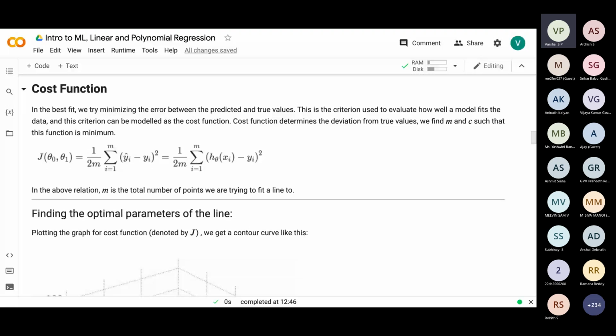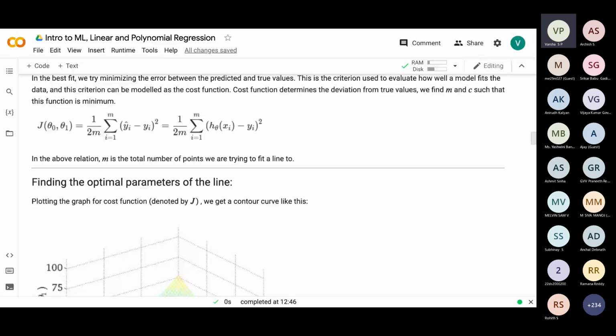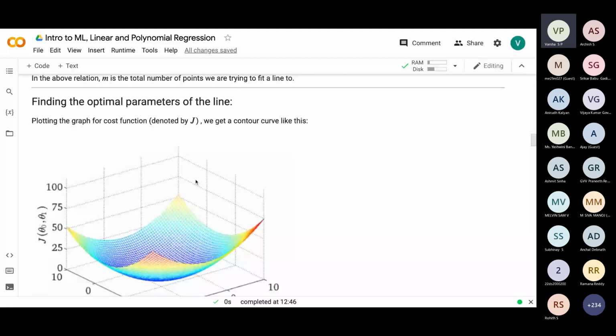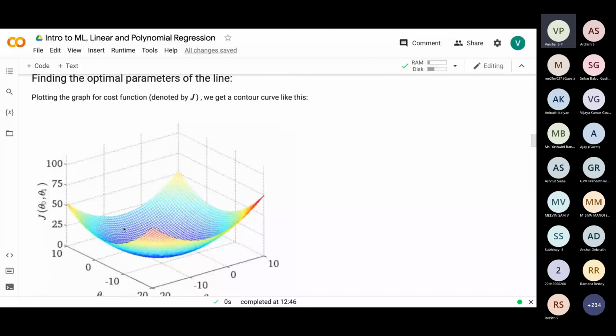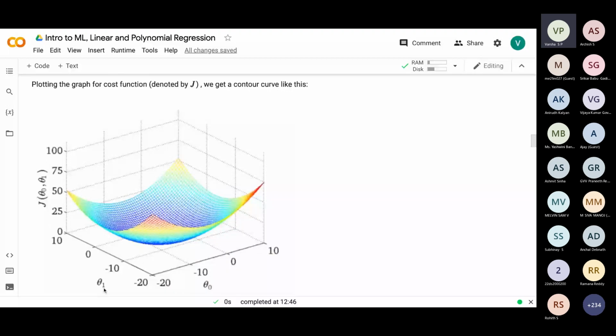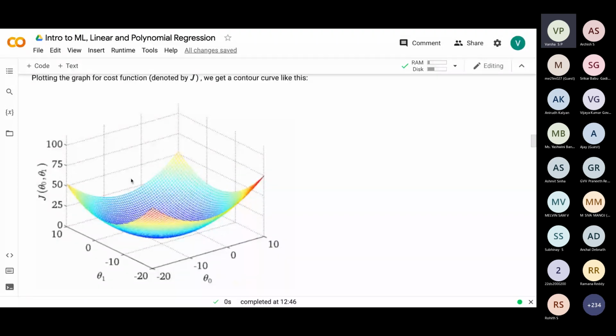When you plot the graph, you'll find a bowl-shaped contour curve, and this is how it looks. Here you have theta 1 and theta naught on the x and y axes, and J, the cost function, on the z axis. So this is how the graph looks.